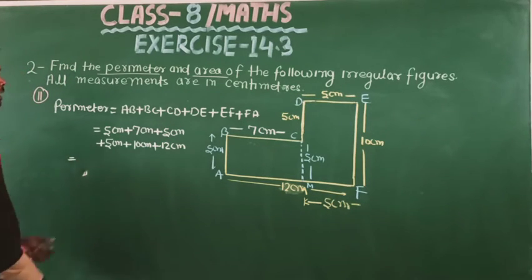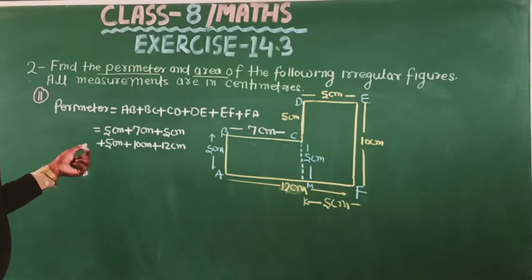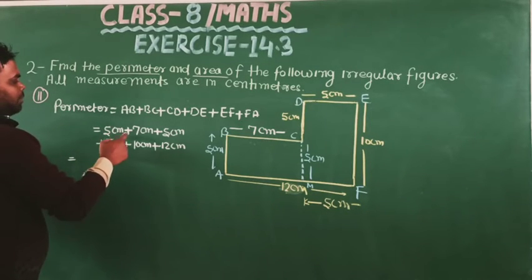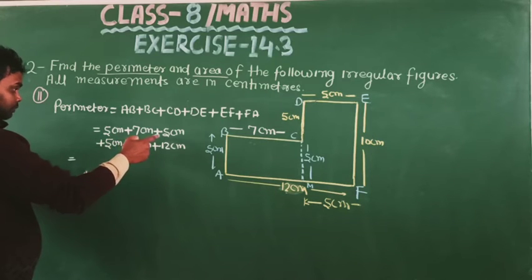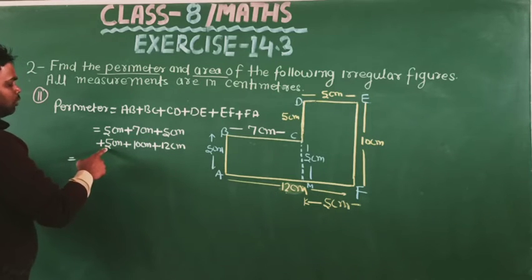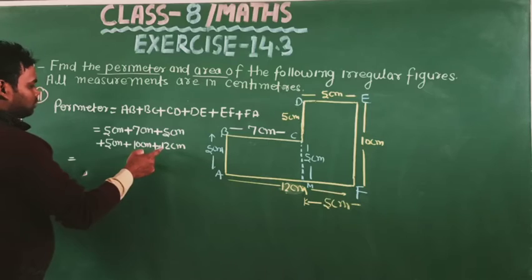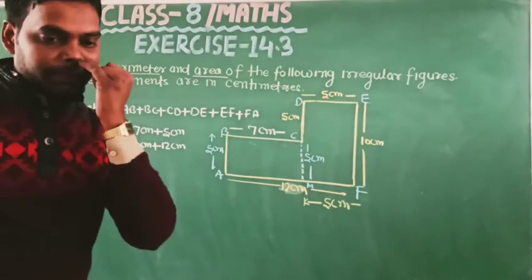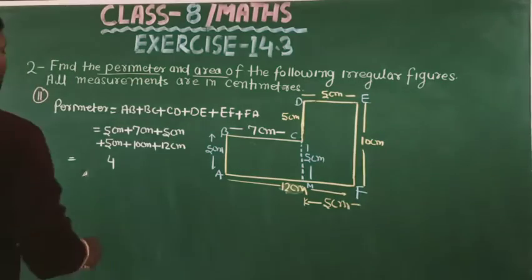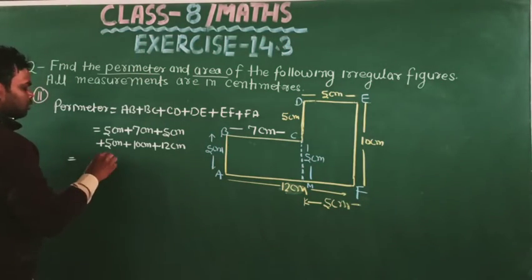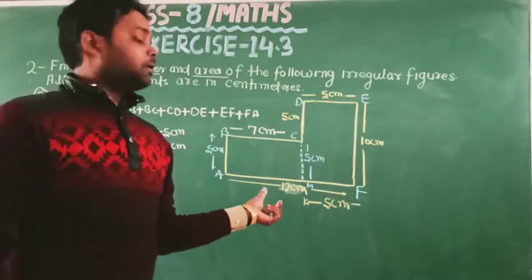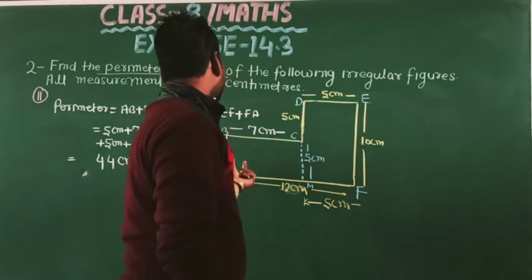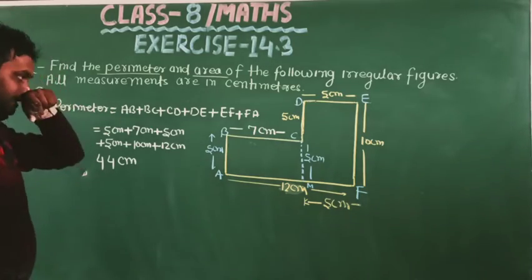Now adding overall, so this is 5, 12, 17, 22, 32, 42, overall 44 centimeter. Okay, perimeter of this irregular figure is equal to 44 centimeter.